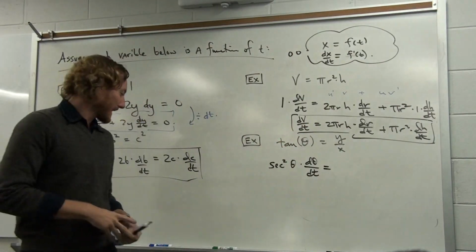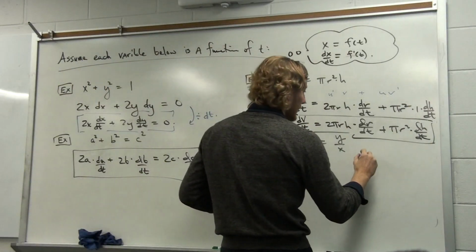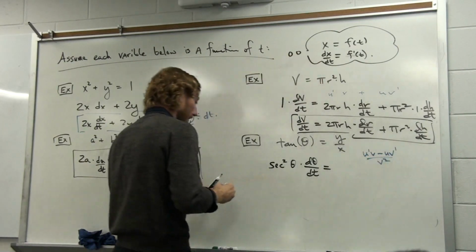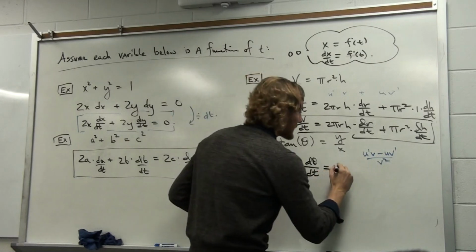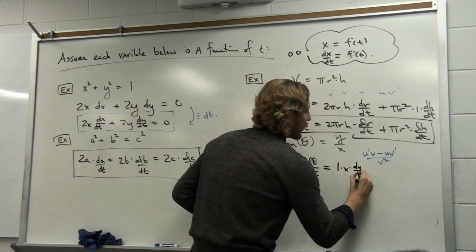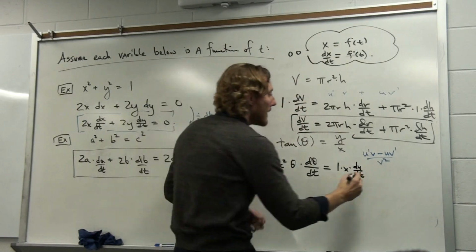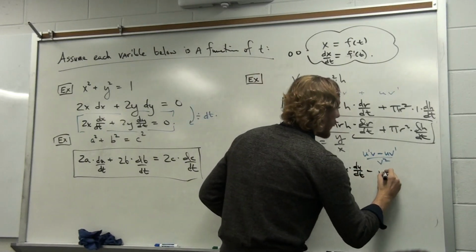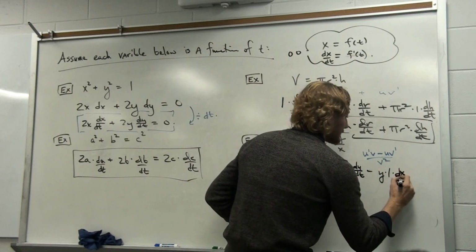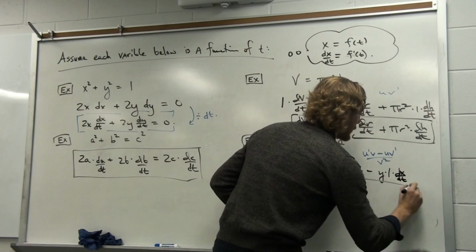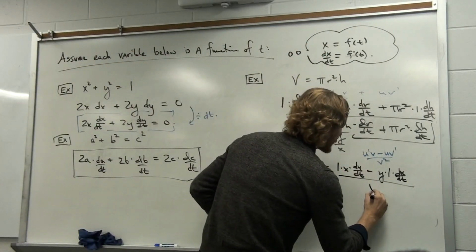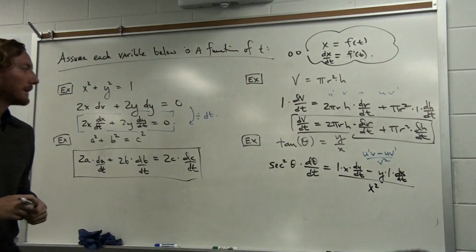Now the y over x, that is going to use the quotient rule, so we're going to need u prime v minus u v prime over v squared, standard stuff. u prime, that's going to be 1, v is x, that derivative was with respect to y, so tack on a dy/dt. Minus u, that's going to be y, times v prime, that's going to be 1 dx/dt, because we took a derivative of x where x was itself a function with respect to time, and v squared, that's just the x squared downstairs.